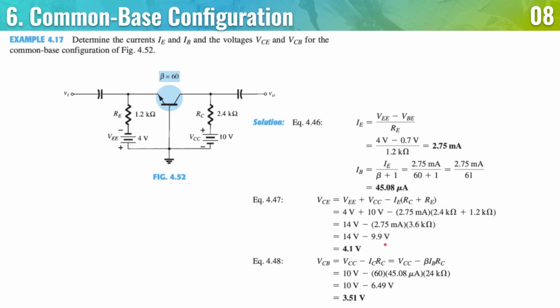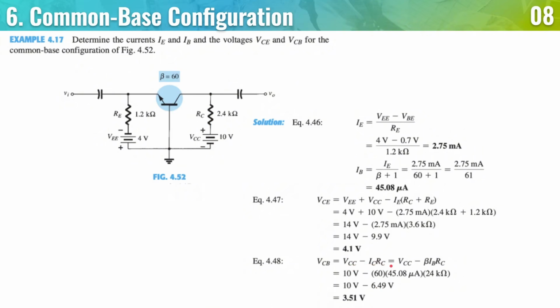For VCB, so again, C is from here going to the base. If you want to find this, just use KCL. So VCC minus the drop here, that will give you, okay, wait. So let's see here. VCC minus ICRC is what we got from the KVL.